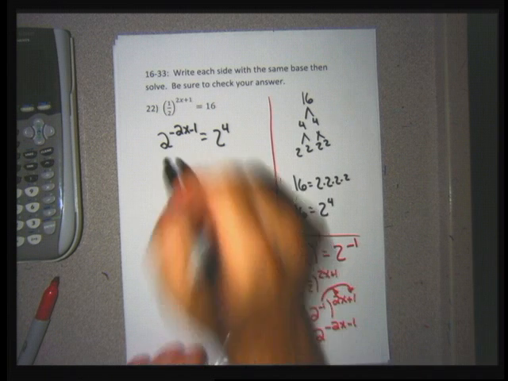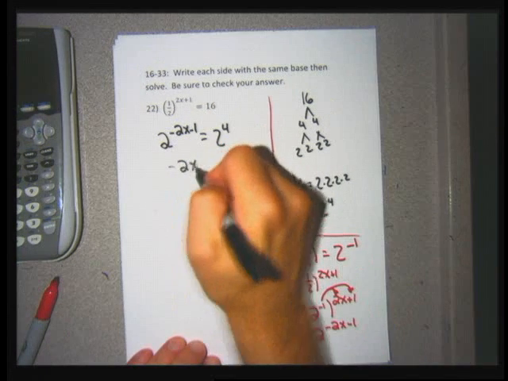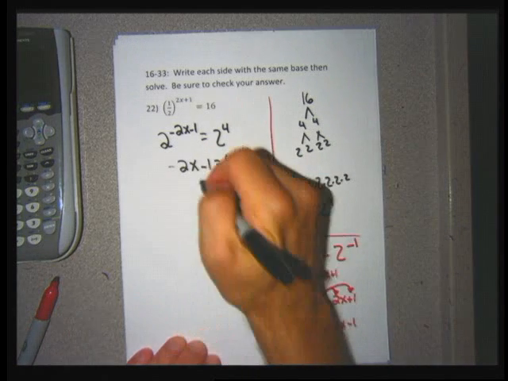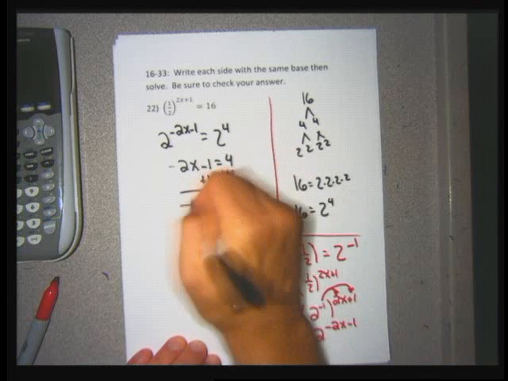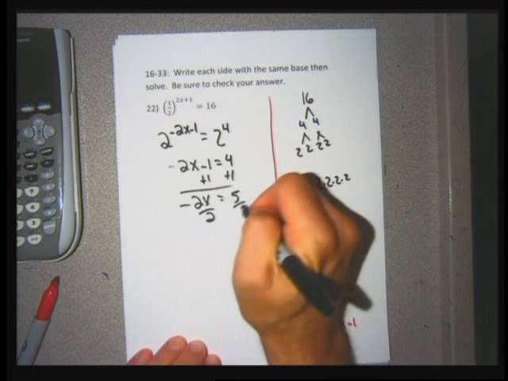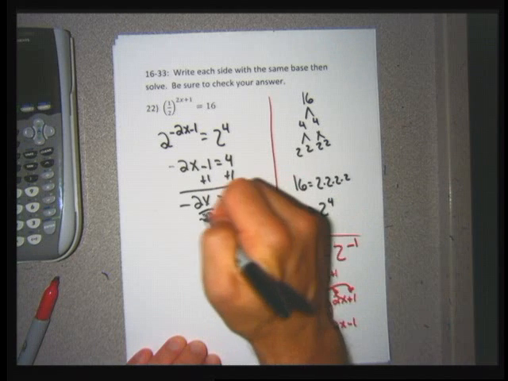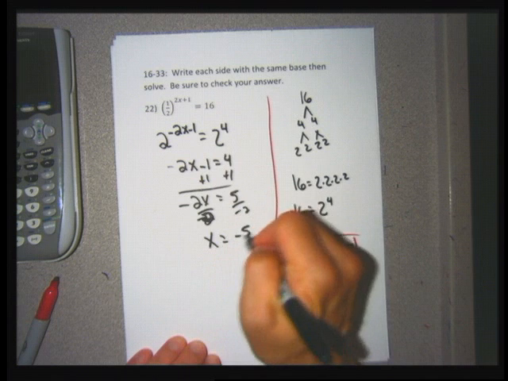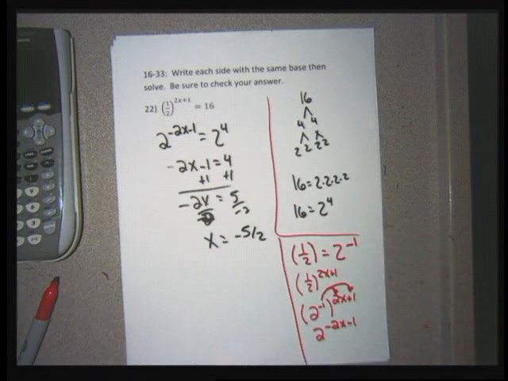Now that I have both sides with the same bases, I drop the bases and equate the exponents. I'm going to add 1 and get negative 2x equals 5. Divide by negative 2, and get x equals 5 over negative 2, which I'm going to write as negative 5/2 or negative 2.5.